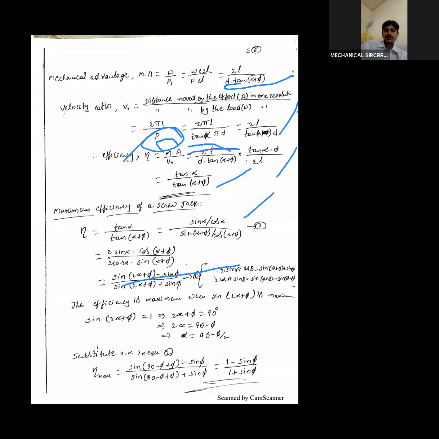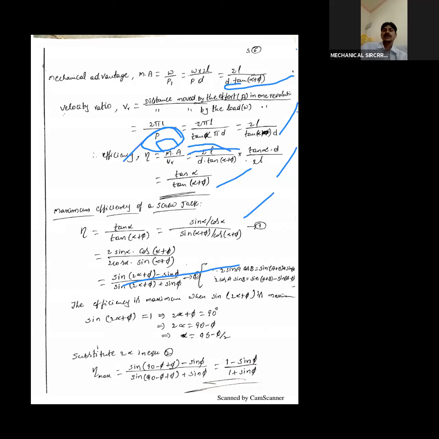Replacing both terms, we write sin alpha into cos alpha plus pi by cos alpha into sin alpha plus pi.